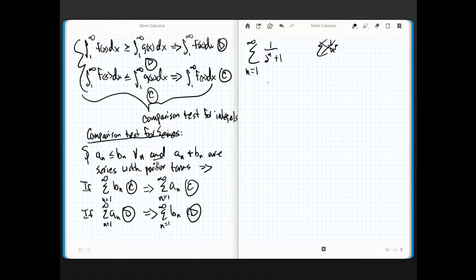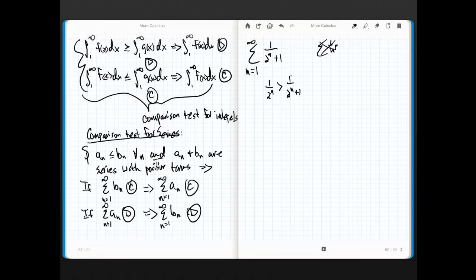So let's think about something for a sec. What do I know about 1 over 2 to the n and 1 over 2 to the n plus 1? Do you agree that 1 over 2 to the n is always greater, when n goes from 1 to infinity, of course, than 1 over 2 to the n plus 1? There's no doubt about it, right? Now think about that. Make sure the denominator is always bigger.